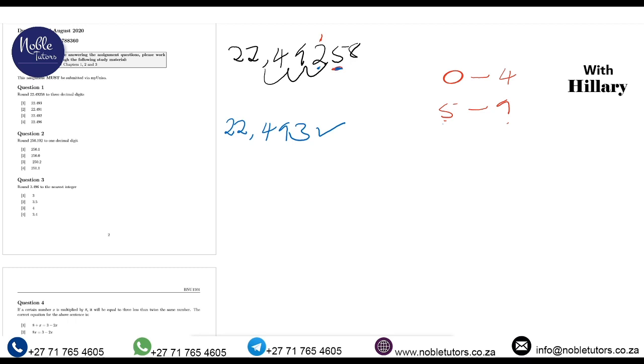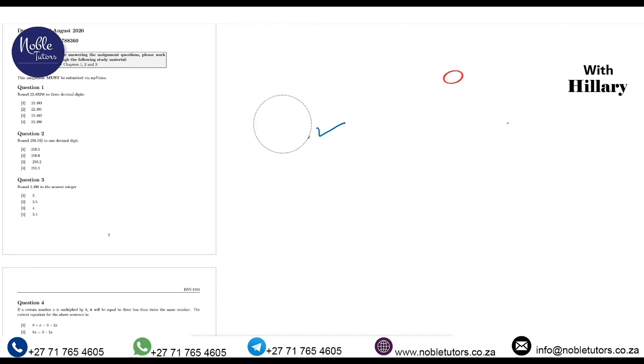Let's apply the same concept again. On question 2, they asked us the same thing, to round off to 1 decimal digit.